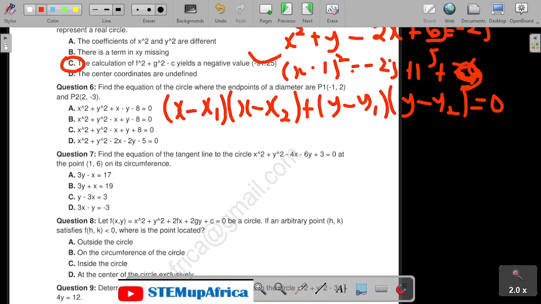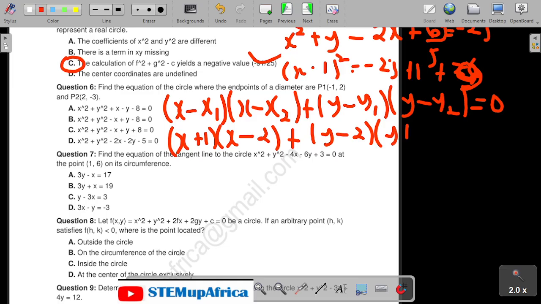The first coordinate, you label it as x1, y1. The second coordinate, label it as x2, y2. So if I go by that standard, I'm going to have (x plus 1)(x minus 2) plus (y minus 2)(y plus 3) equals 0.